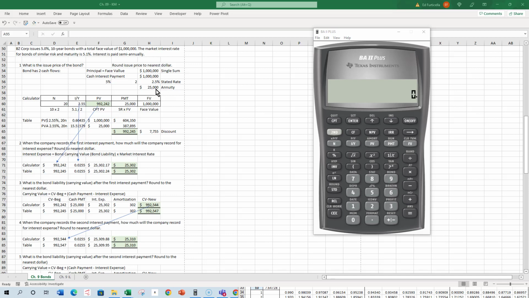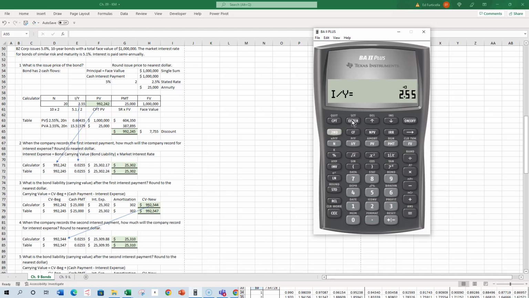So in our calculator, we will put 20 for our N because it's a 10-year term times 2 payments per year, 20 cash flows. In our I/Y, we will always put the market rate of interest. Well, the market rate is 5.1%, but it's a semi-annual bond, so we divide by 2. We use 2.55.